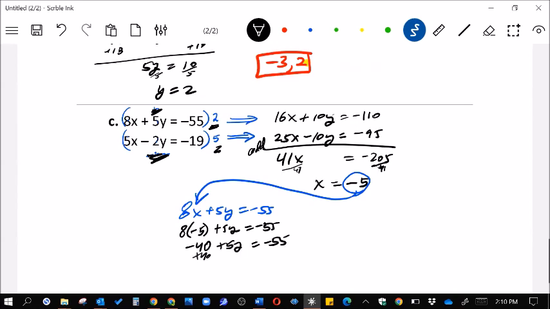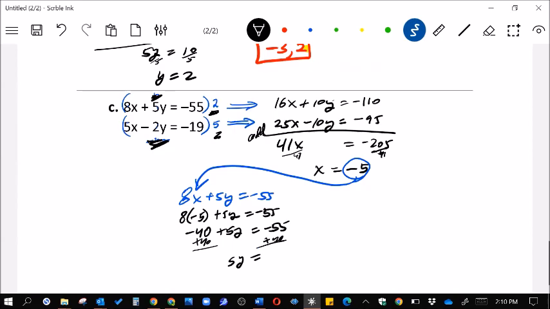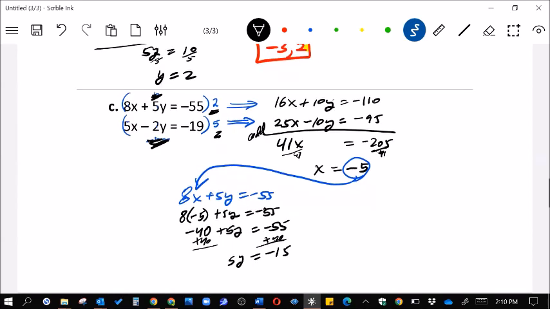And so I'm going to add 40, and I get 5y equals negative 15. We'll divide by 5, and y is equal to negative 3. That gives us my x value and my y value.